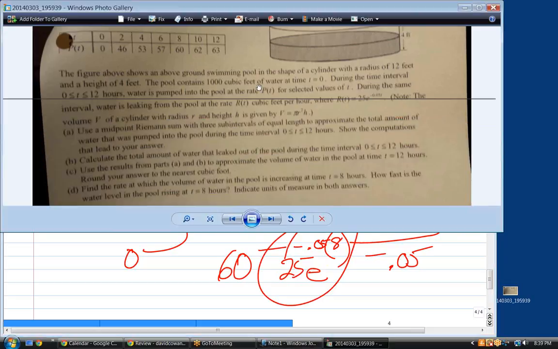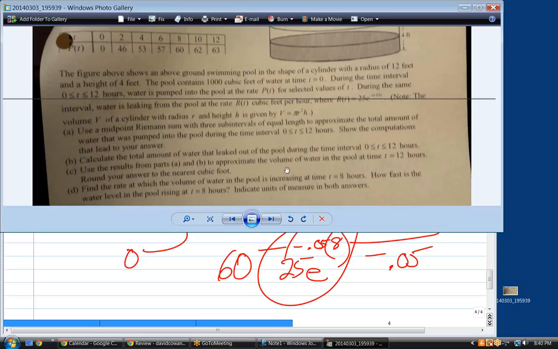Did we do number C? I don't think we did. Oh, no, we didn't. Well, number C is adding the total amount that goes in, subtracting the total amount that came out, to approximate the volume of water in the pool at time 12 hours.